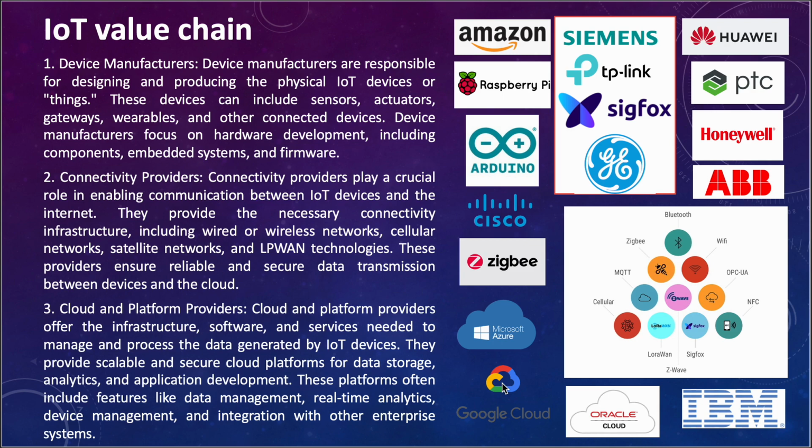So in this, we have device manufacturers that would give more priority to producing the IoT device itself, or producing the hardware component itself. Device manufacturers are responsible for designing and producing the physical IoT device, or in Internet of Things, IoT, things, producing the thing itself.